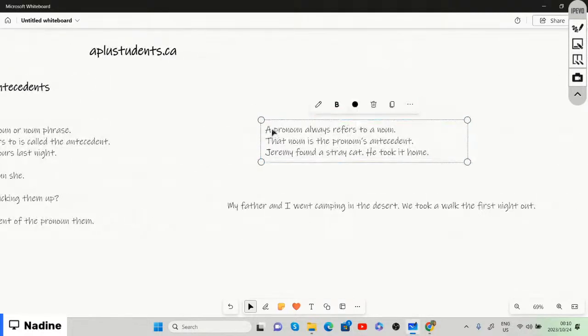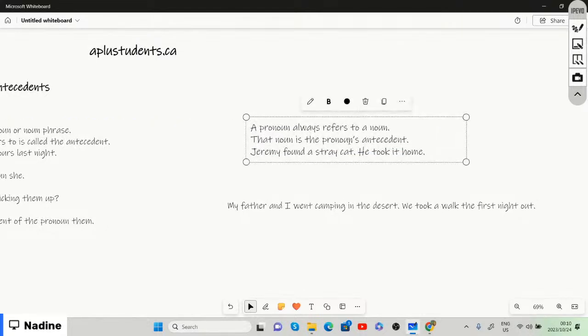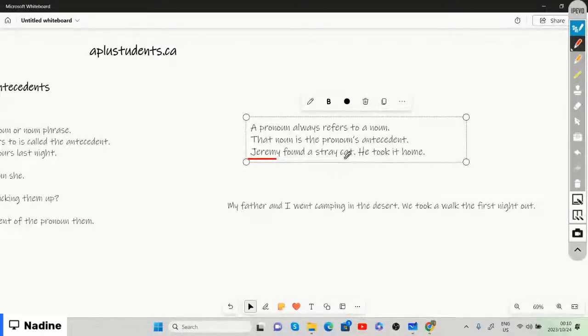All right, so once again, a pronoun refers to a noun or noun phrase, and that noun or noun phrase is the pronoun's antecedent. Example: Jeremy found a stray cat.